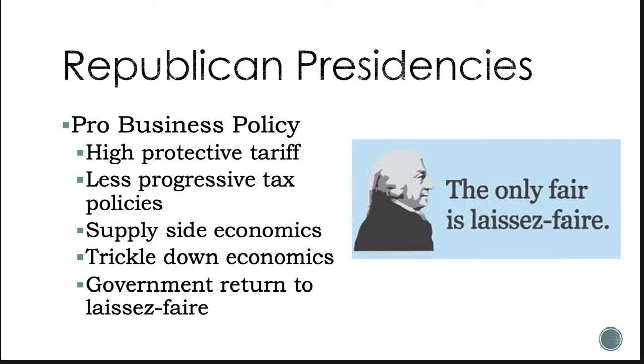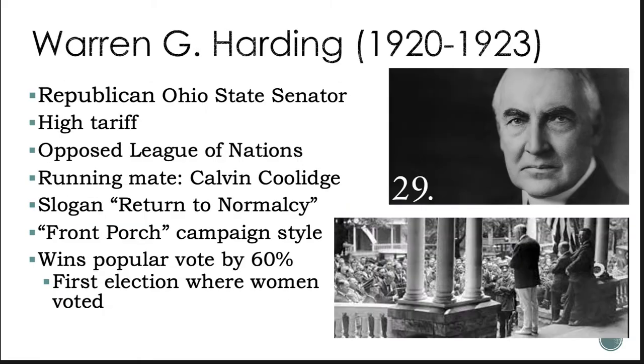Let's go back to a time where the federal government is shrinking itself, that's not getting involved, because that's what the Republican presidencies want to do. They want to step away from big business to allow big business to grow. So think about just hitting the reset button on all of the things that we did during the progressive era. I know, I'm beating my head against the desk as well.